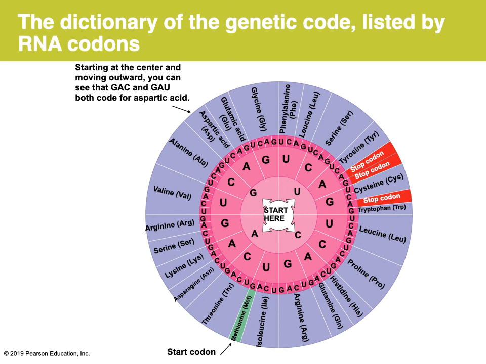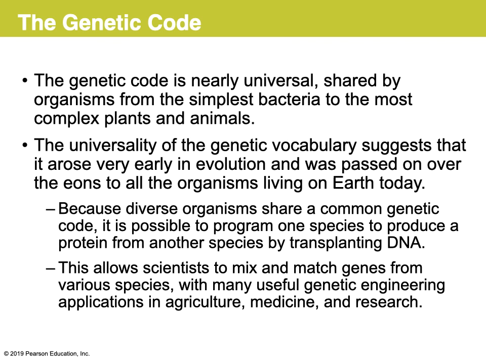So again, just different ways of representing the same information. Now, as I said before, this genetic code is nearly universal. It's shared by organisms from the simplest prokaryotes to the most complex plants, animals, and fungi. This universality of the genetic vocabulary suggests that this arose early on, right?